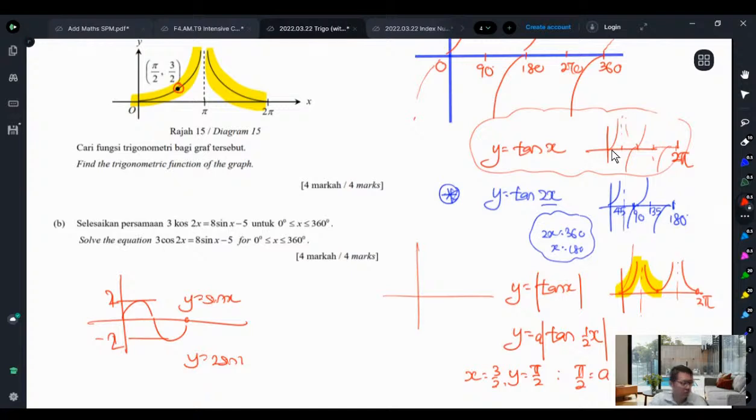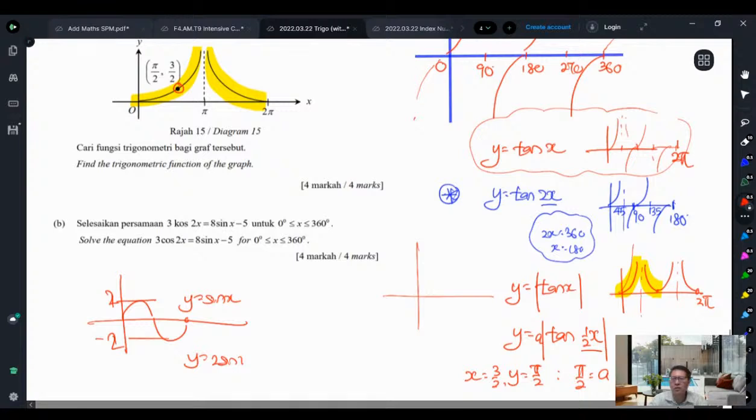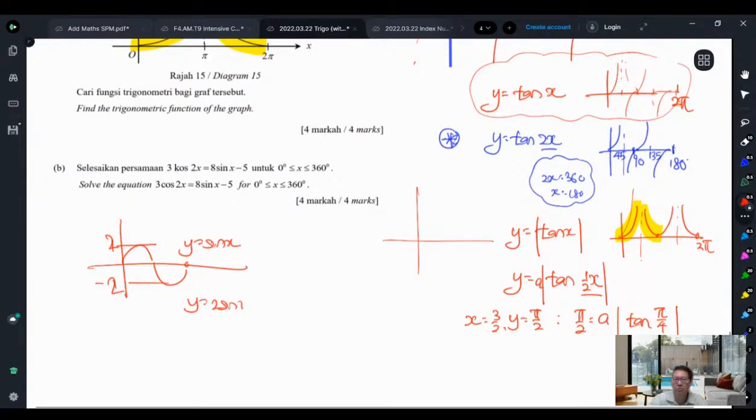Pi over 4, sorry, it's pi over 4. Pi over 4 is actually 45 degrees.